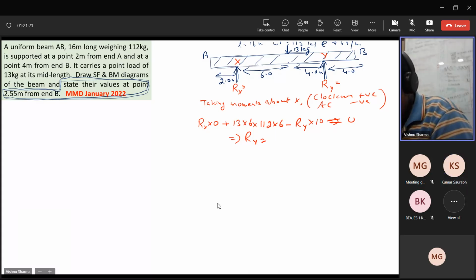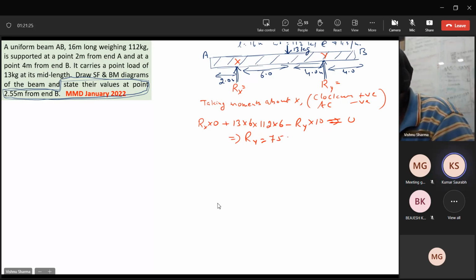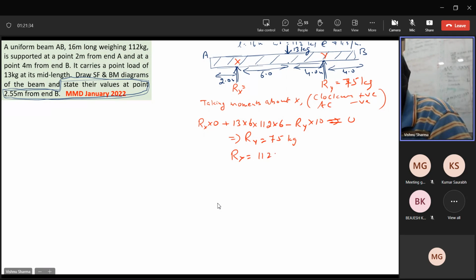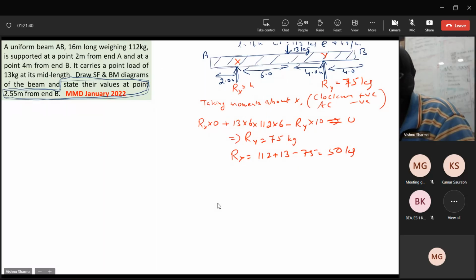Divide by 10. 75, is it? Yes, sir. Ry is 75 kg. Rx will be equal to 112 plus 13 minus 75, that is 50 kg. So Rx is 50 kg.